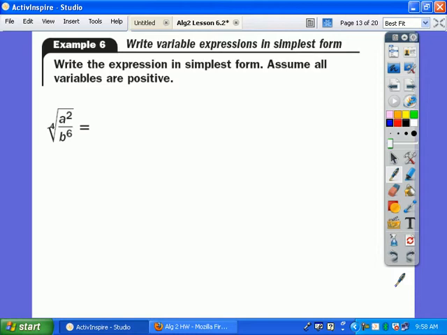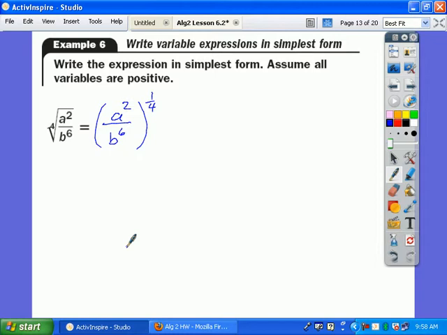So, for this problem, they want us to take the 4th root of a squared, b to the 6th. Okay. Again, for a problem like this, I find it a little bit easier to shift to the rational exponent notation. You don't have to, but sometimes it makes it easier.